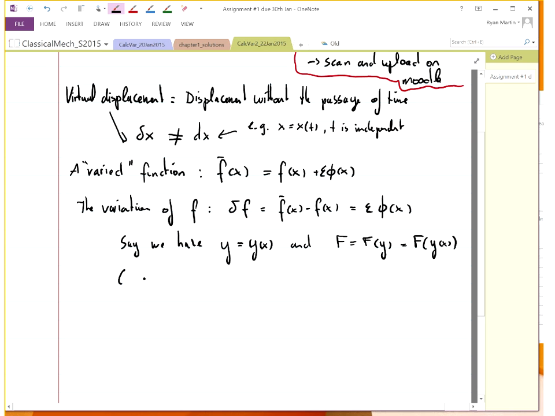So we saw, as a result of the chain rule, that the variation of capital F, delta F, is given by di F by di y delta y.